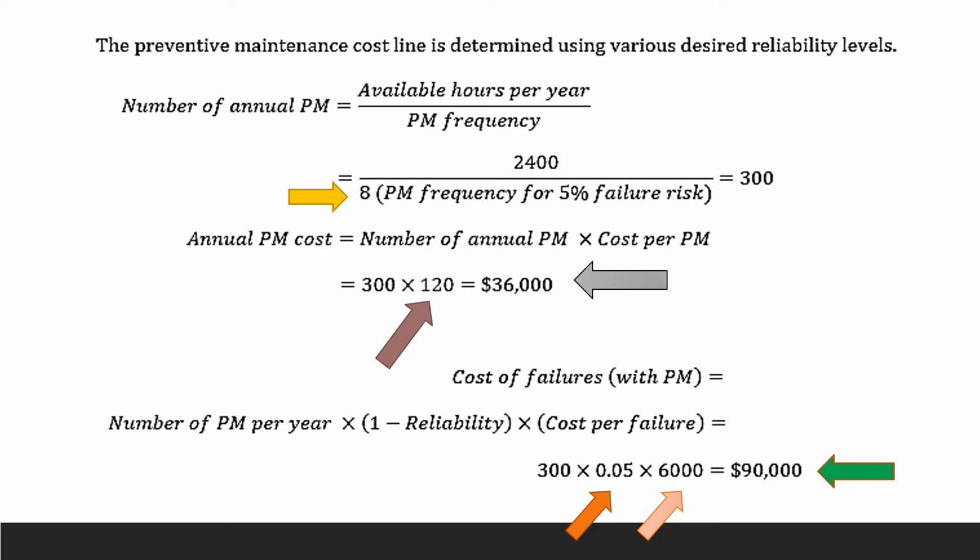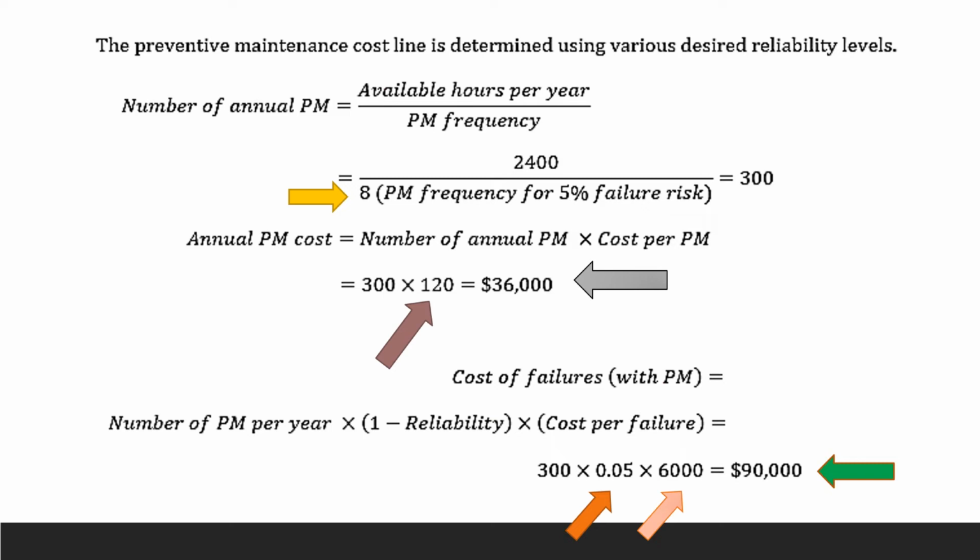So now we think about preventive maintenance. The preventive maintenance cost line is determined using reliability. So you have to calculate at what reliability you run your system. For the number of annual PMs you have to do for this system, we're running 2,400 hours per year, and the preventive maintenance frequency is 8.